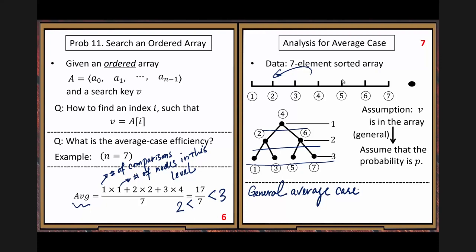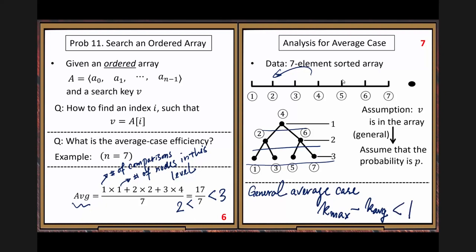So for the general case, here I just give you the conclusion. Let me use this one. Our worst case, remember, for the worst case we use K max, right? Maximum number of comparisons, that's for the worst case. Minus K average. Worst case minus the average case is less than.